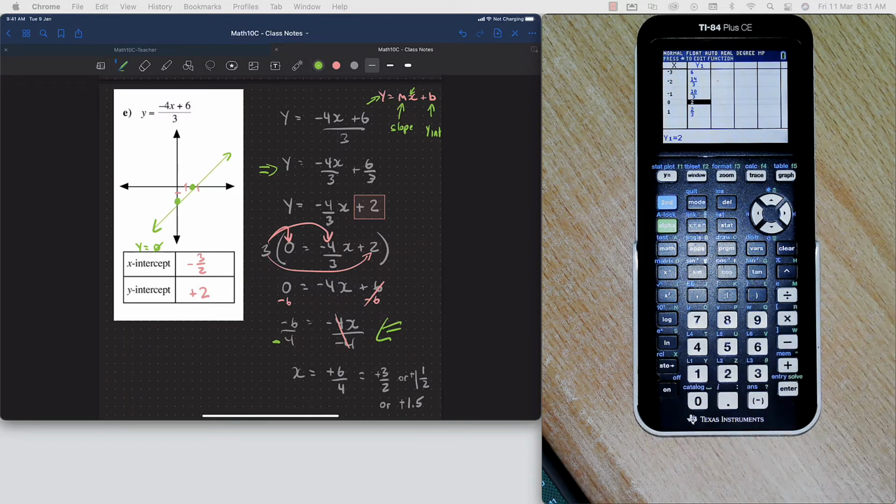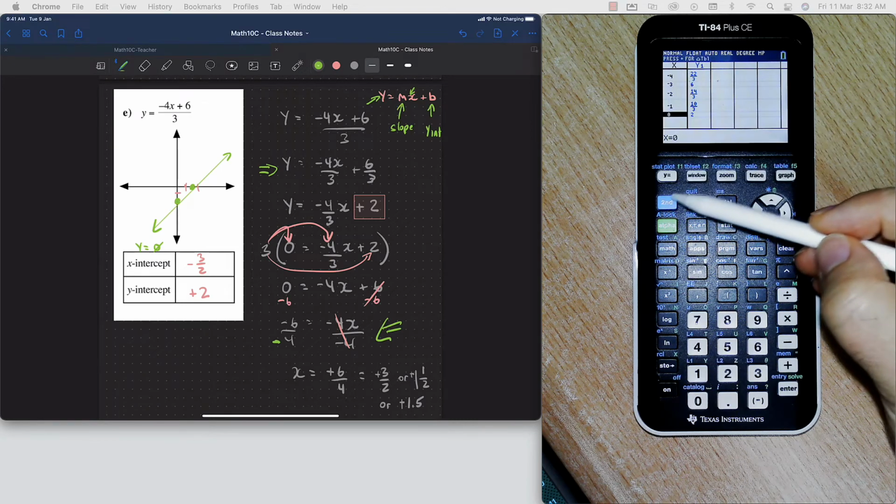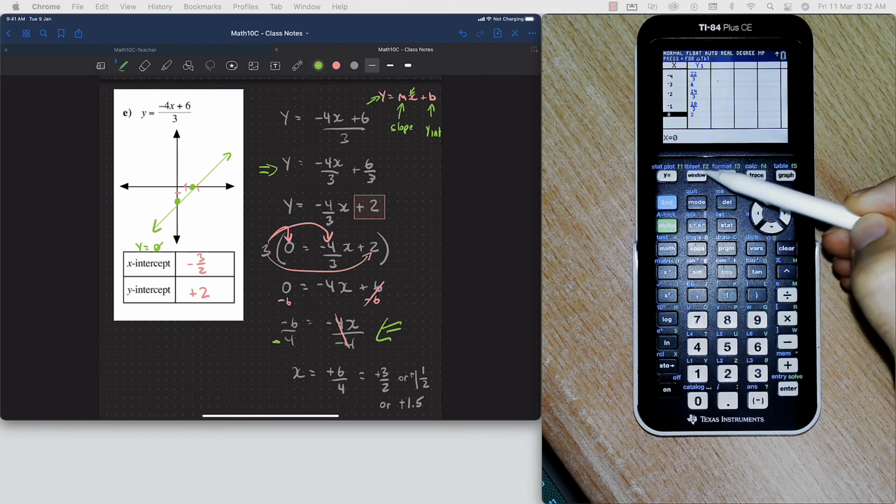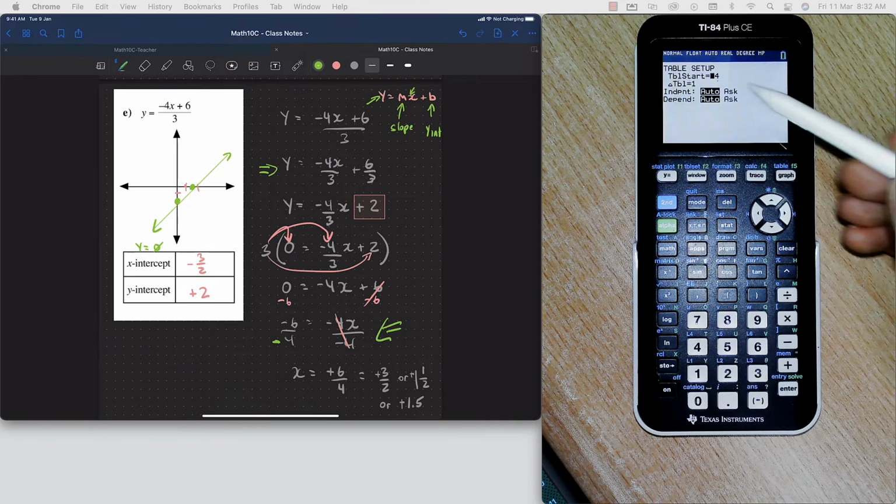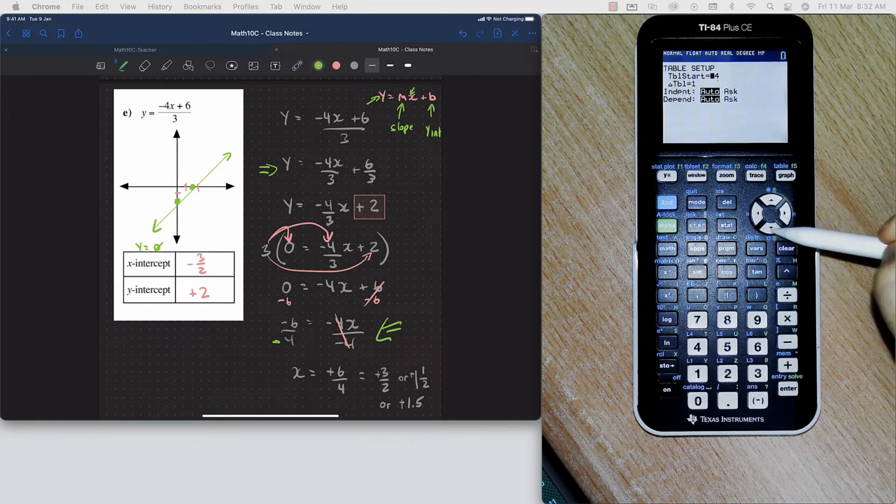And now to solve for the X-intercept, I know that it's 1.5, but you can see that the table of values is skipping by 1 in each case. So if I go back to my table set, and I'm going to just go down here, and I'm going to say ask.